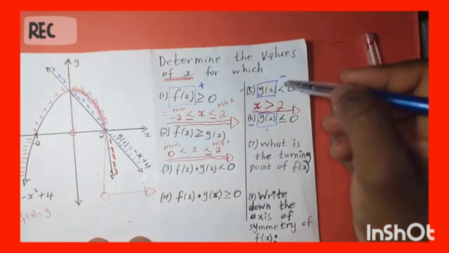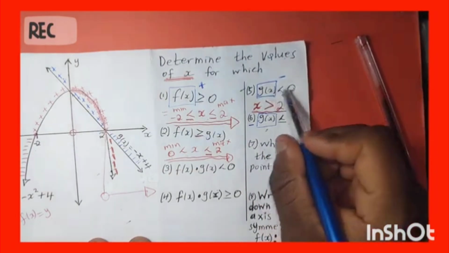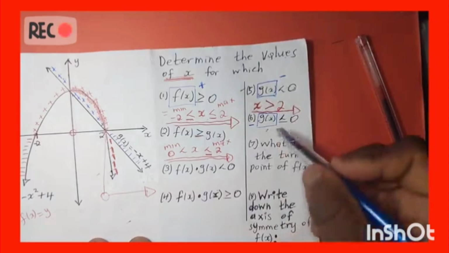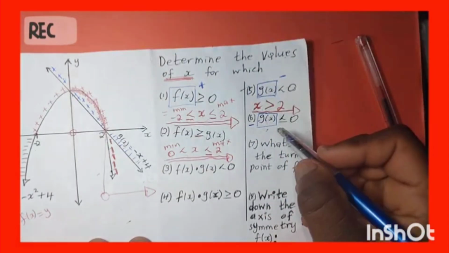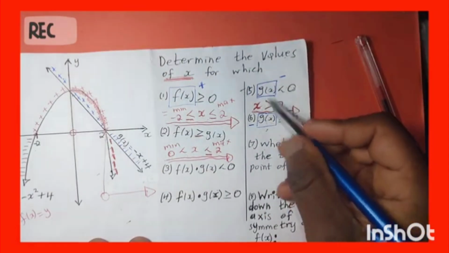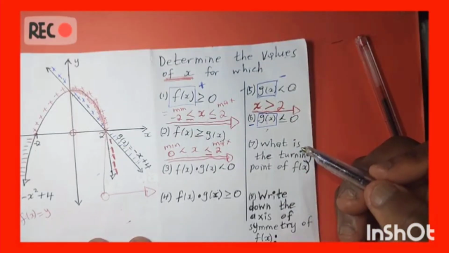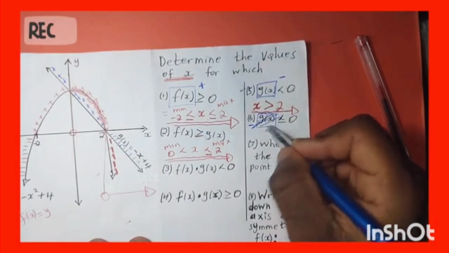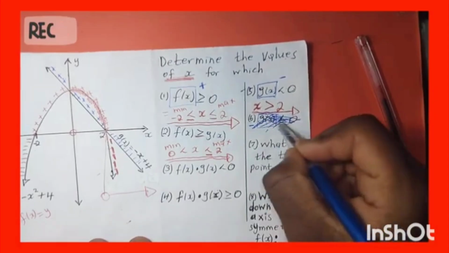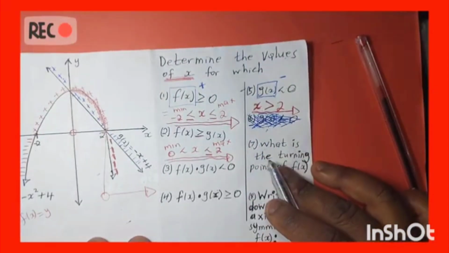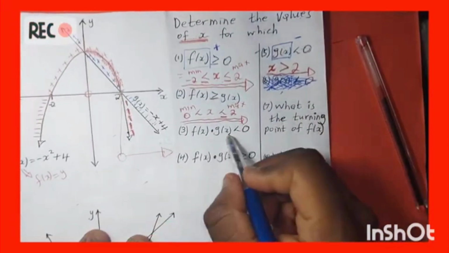So even here, I indicated that it's less than 0. This question and that one are still one and the same. So this one, no need for me to do. Yeah. So now I can do this one there.